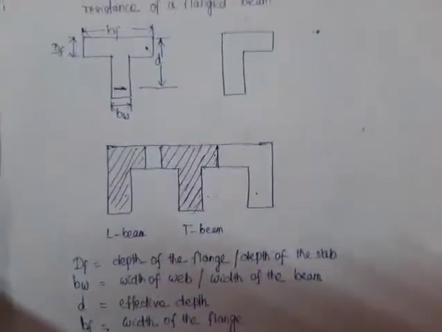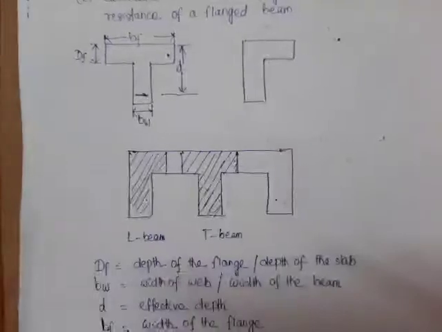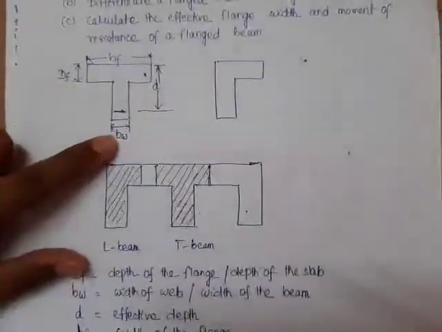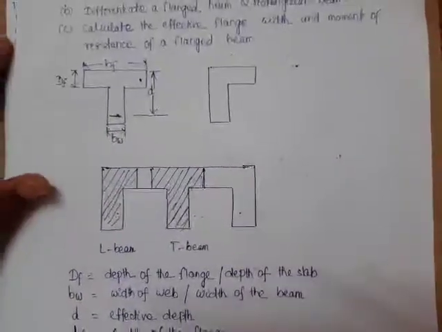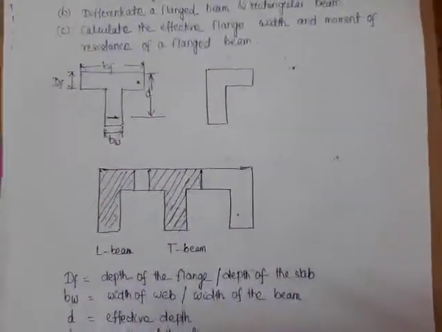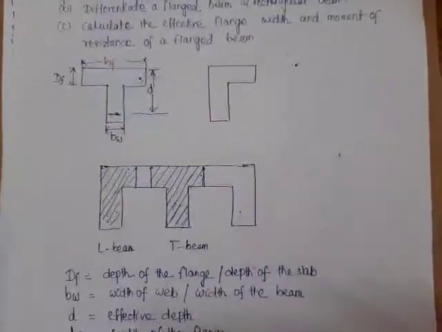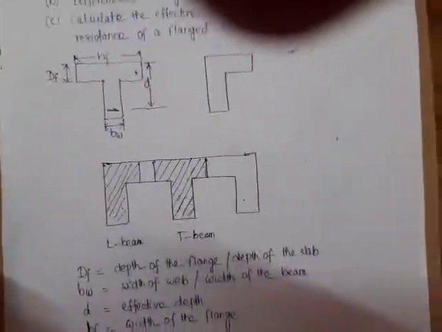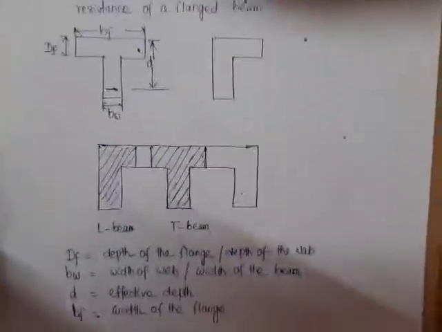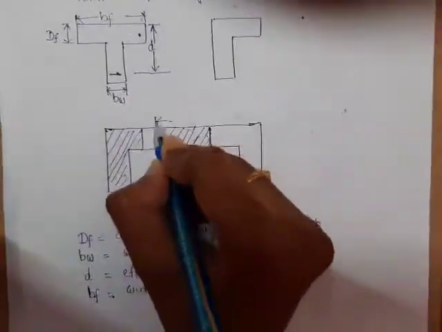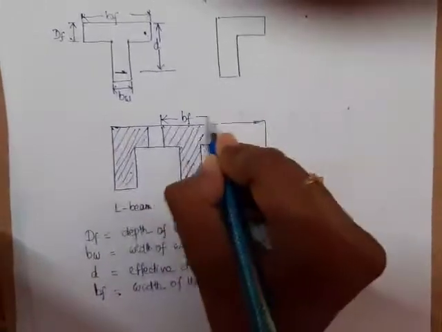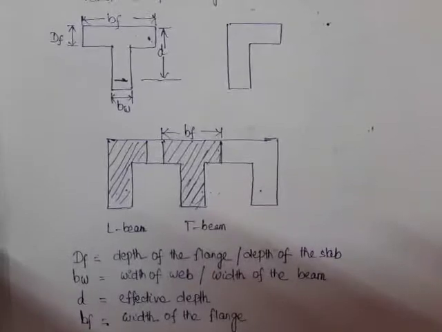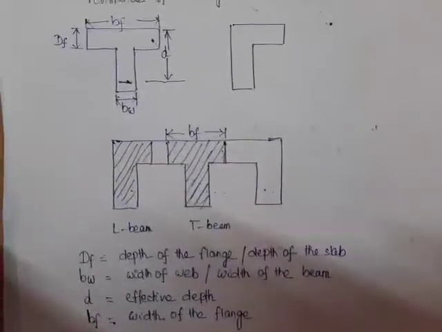Before, we have discussed in the rectangular section, so this bw we can determine, this d we can determine, but what about this bf? That means up to what portion of the slab is considered with the beam.